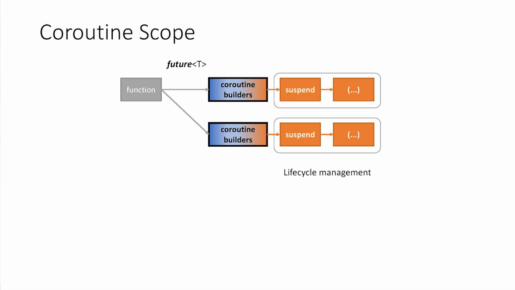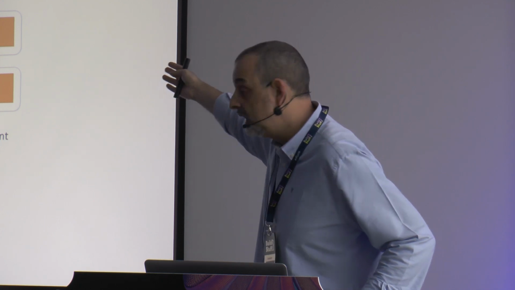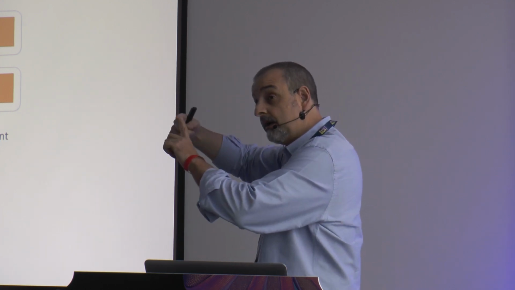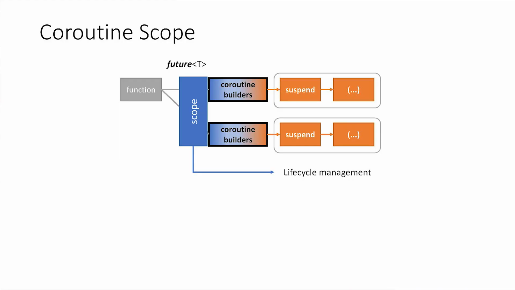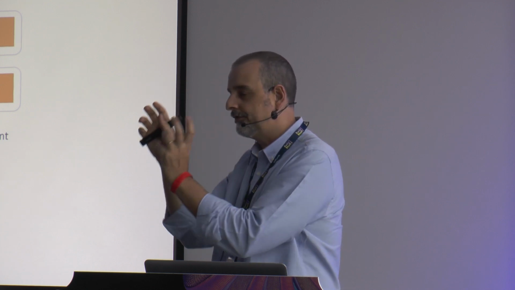This raises the issue of life cycle management, because a function can create one or more coroutines. And these coroutines internally can create more coroutines. That's why the coroutines need to be created inside a scope. The scope is the thing that we use to aggregate a set of coroutines.